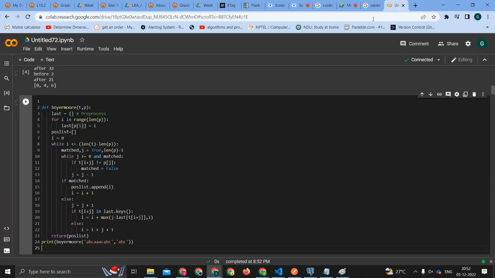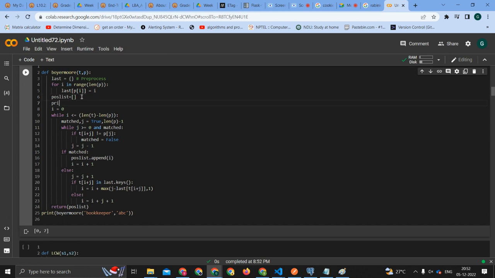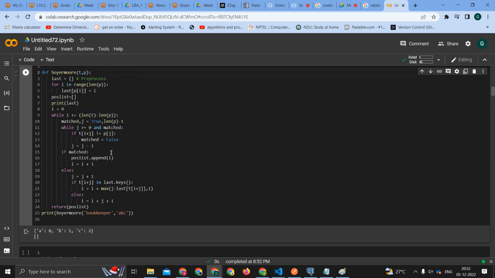Number of unique characters. So what I shall do is I'll put this and print last. Last of P. Are we using it? Okay, here we only have last of Z. Print last. Okay. So for bookkeeper, shall I put length of last?